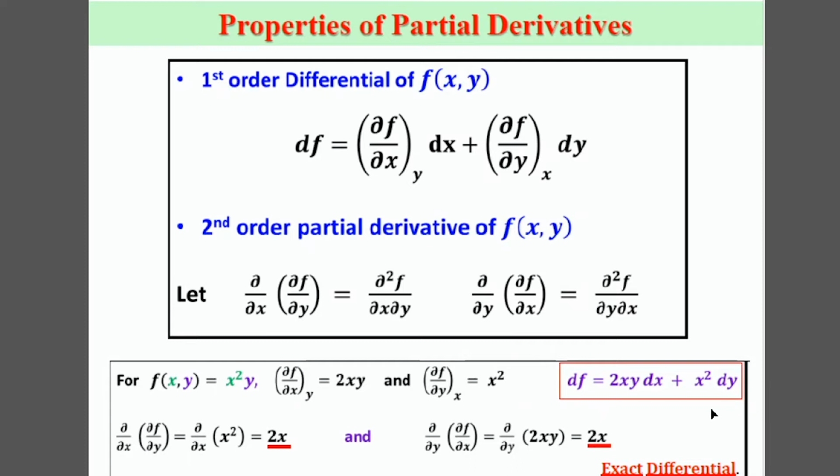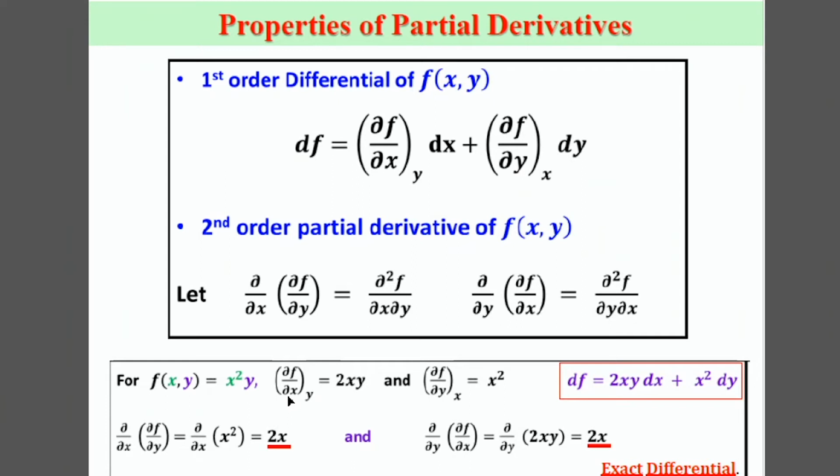right? Now, if I have this differentiated with respect to x, keeping y constant, now I differentiate this with respect to y, keeping x constant, what do I get? I have already differentiated once, that's the first differential.